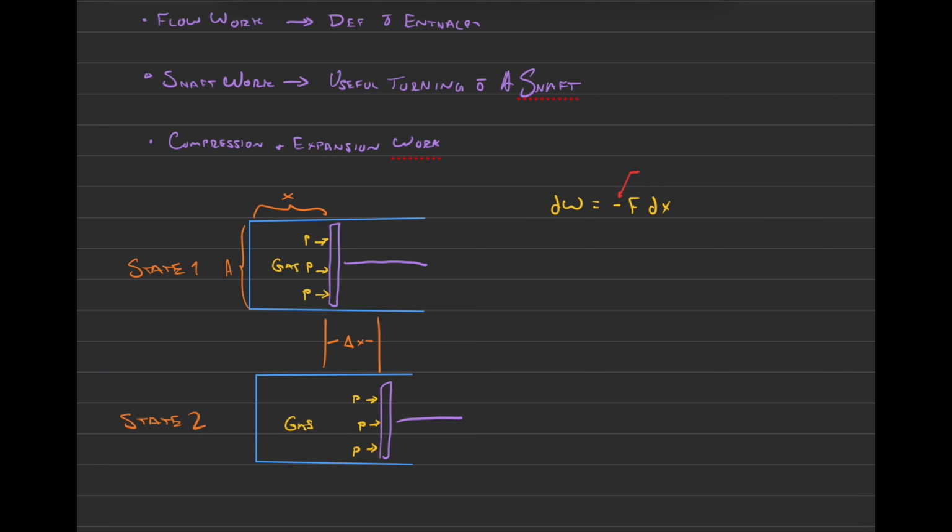In other words, energy is leaving the system in order for the control volume to get bigger, right? But again, that's a small but very important point that I need you to remember. So, the differential work is going to be equal to the negative force times a differential distance.